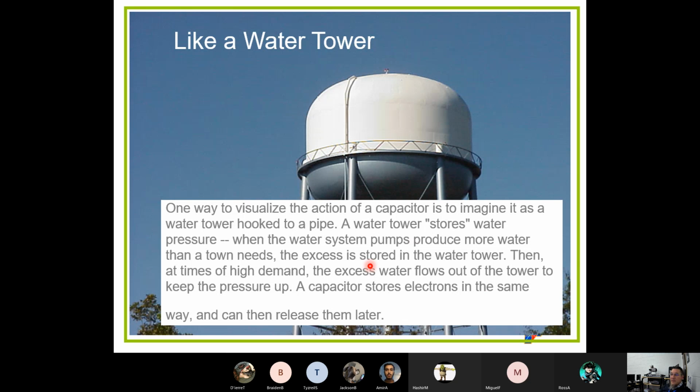Is that how the water towers work? Yes. That way you don't have no water pressure when you wake up in the morning and everybody's trying to take a shower. Well, that's what these are for, because it stores all this water so that when everybody's using the water at the same time, everybody still has that water pressure.